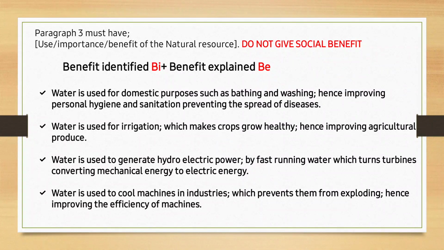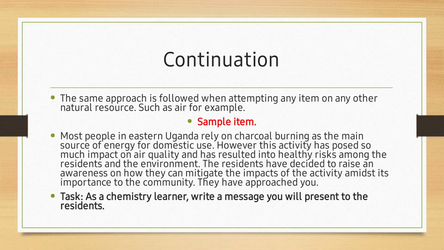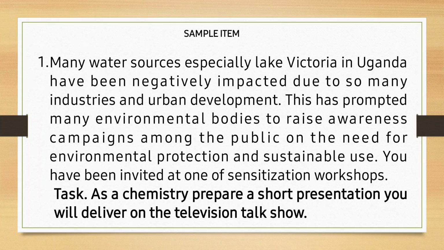Water is used to cool machines in industries. Benefit identified, which prevents them from exploding, hence improving the efficiency of machines. You getting that? All right, you just try out that sample item in your free time, and of course we shall kickstart from there. And yes, thank you so much, and have a good day.